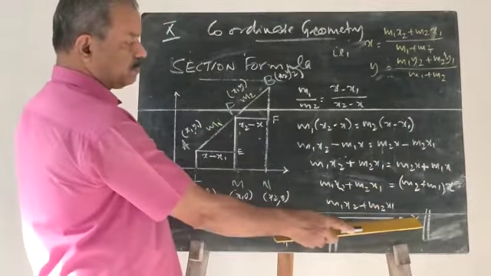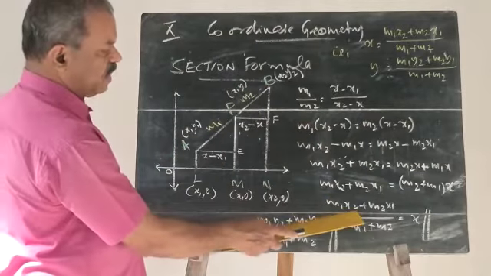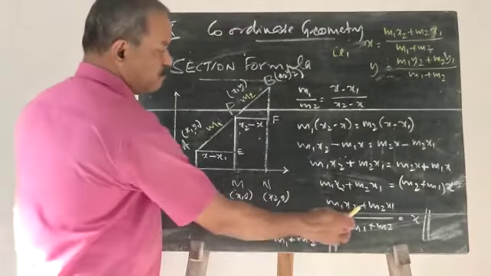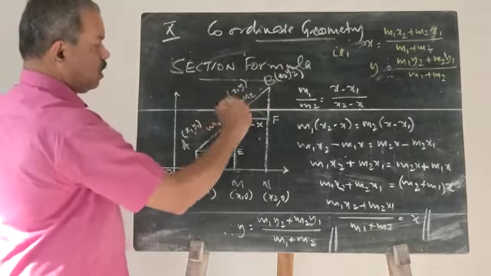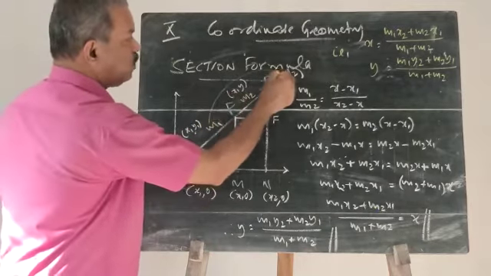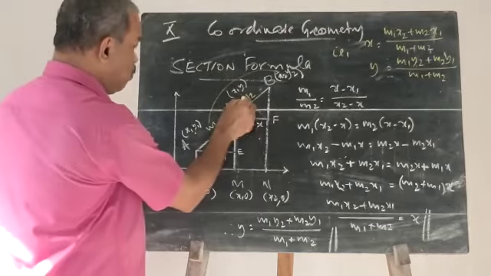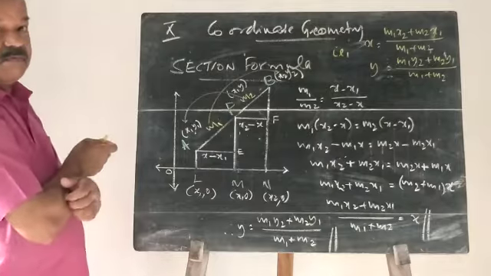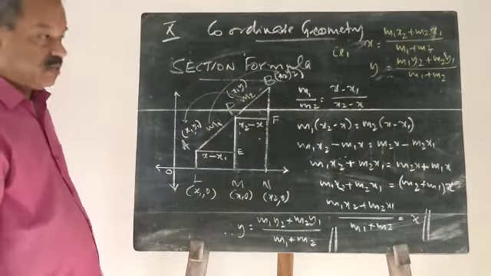So the x coordinate is x equal to (m1 x2 plus m2 x1) by (m1 plus m2).